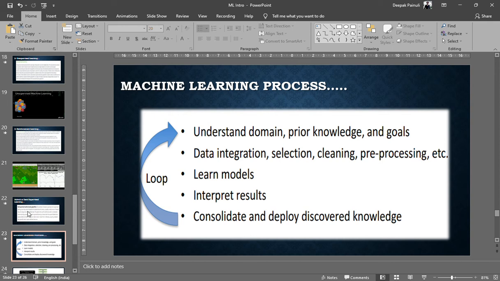So these five steps will be reiterated again and again until you get sufficient accuracy on the given task, or that particular goal which you want to achieve, right? So these are the basic five steps of the machine learning process.